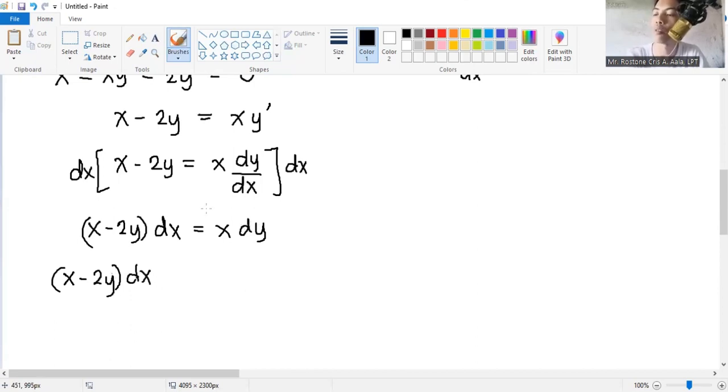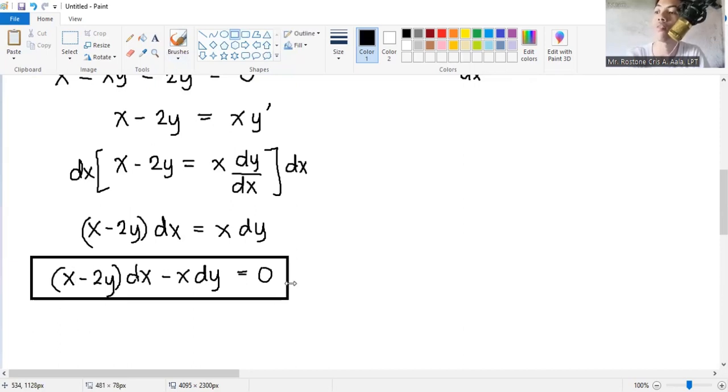Pagka transpose on the left side, we have minus x dy is equal to 0. So this is now our differential equation that we are looking for. We eliminated the arbitrary constant and we came up with the differential equation, the quantity x minus 2y dx minus x dy is equal to 0.